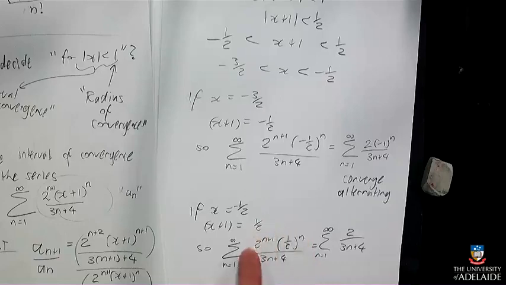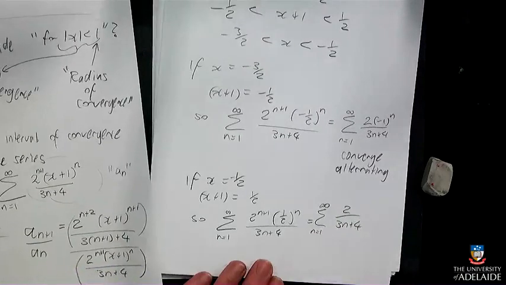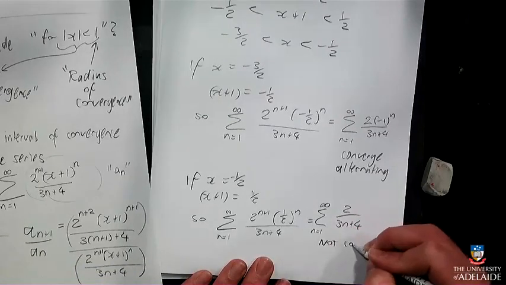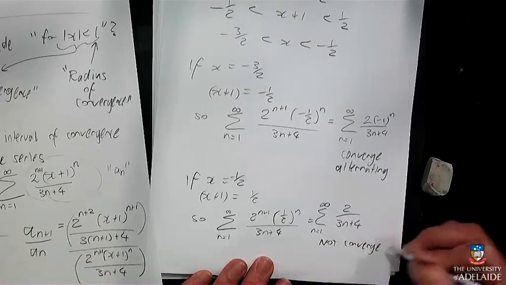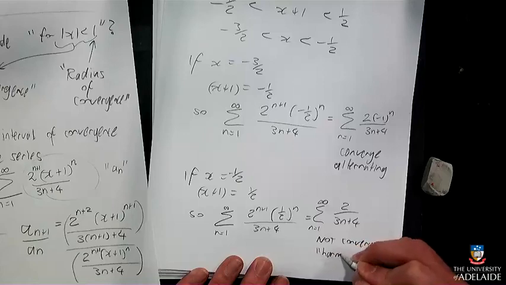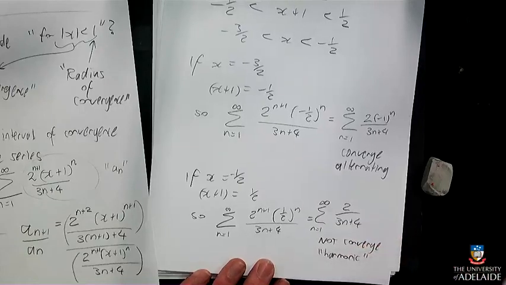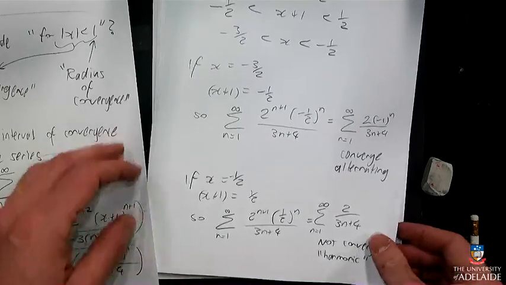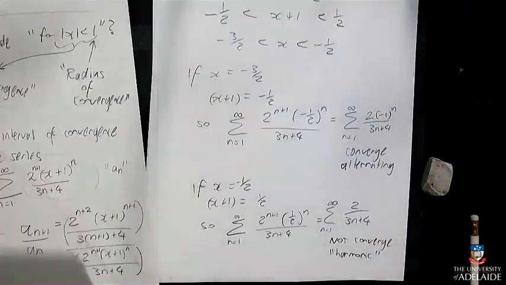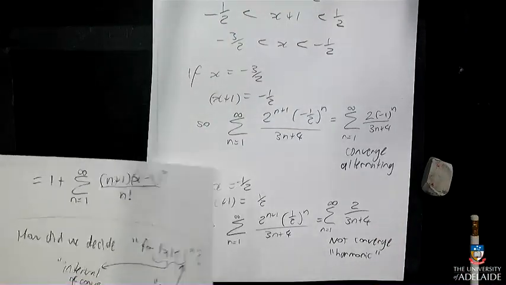That's what this algebra works out to be. And that one does not converge because it's a harmonic series, they call it. If the top is a number and the bottom is linear, then it won't converge. So that may be more than was necessary. I'm sorry. I don't know what level to pitch it at.